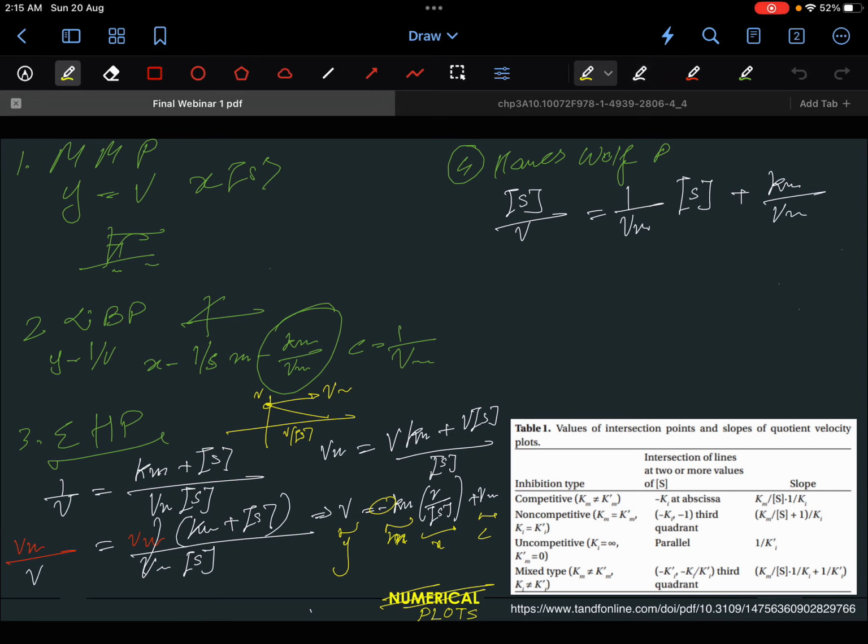So now this will be the y, this will be the m, this will be the x, and this will be the c. Okay, so the m is positive, and again the graph is like this only. So you can find the, this is the y intercept, and then this is the y, this is the x, and you can just draw it on your own.